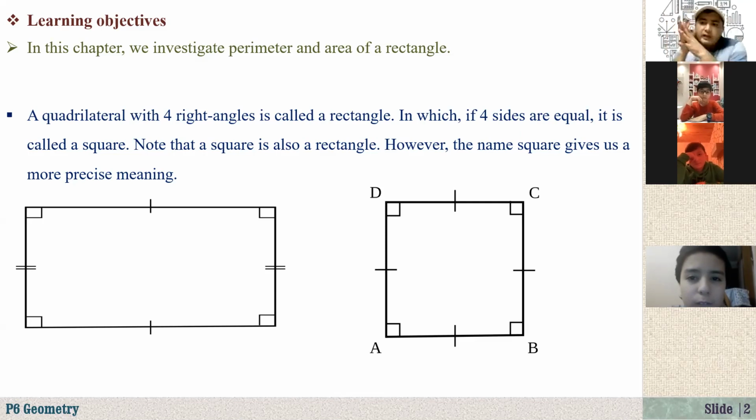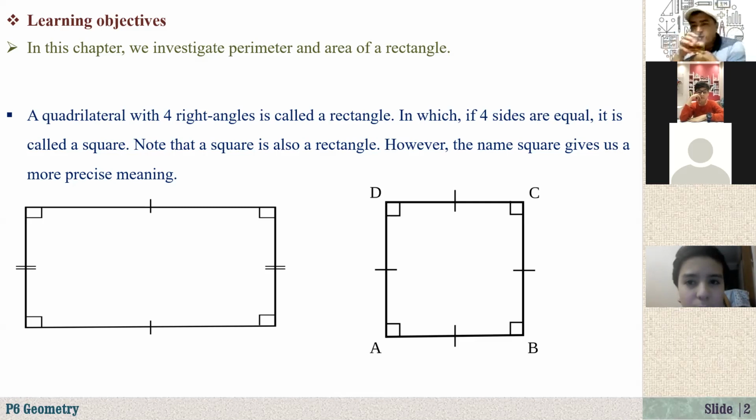Ismail, can you read the second paragraph starting from a quadrilateral? Turn on your camera and read it. A quadrilateral with four right angles is called a rectangle, in which if four sides are equal, it is called a square.